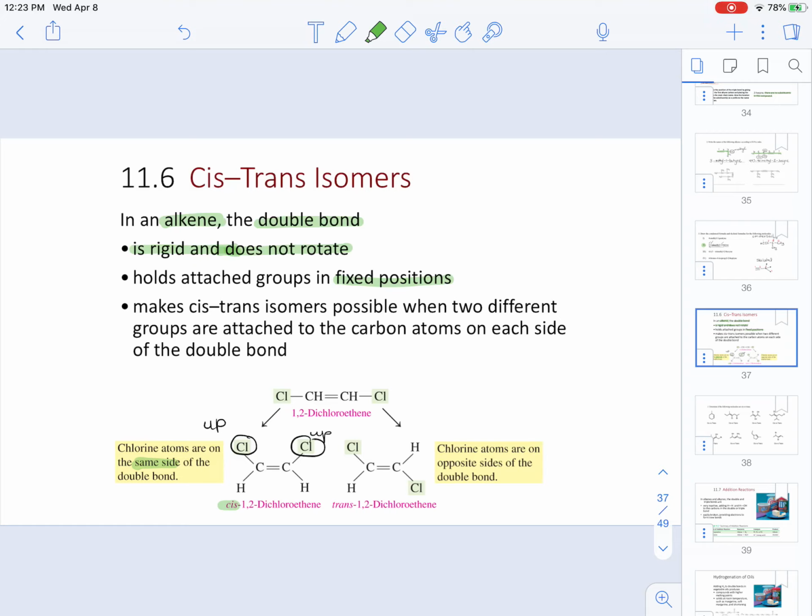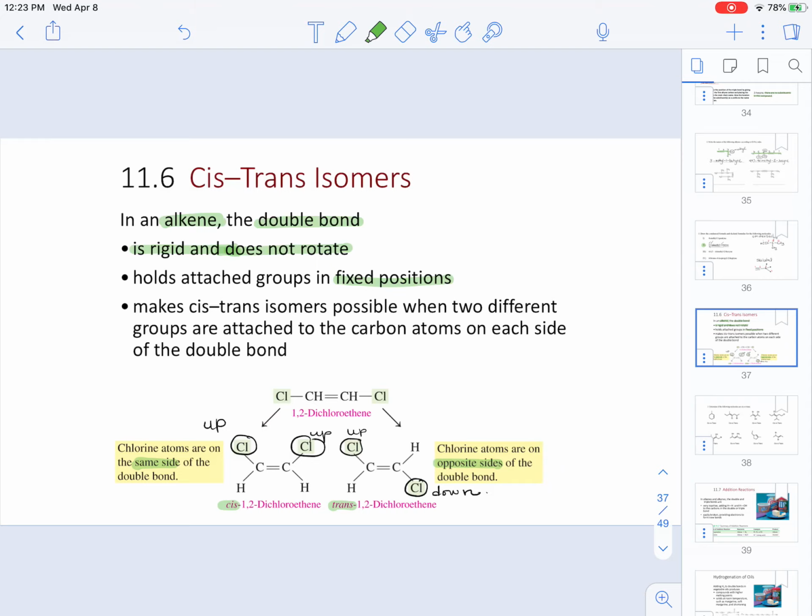Again, this is the trans isomer of this molecule. If the chlorines, as you can see, one is facing up, but the other one is facing down, that means that they are on opposite sides of that carbon-carbon double bond, and that's when we illustrate it by saying the word trans.